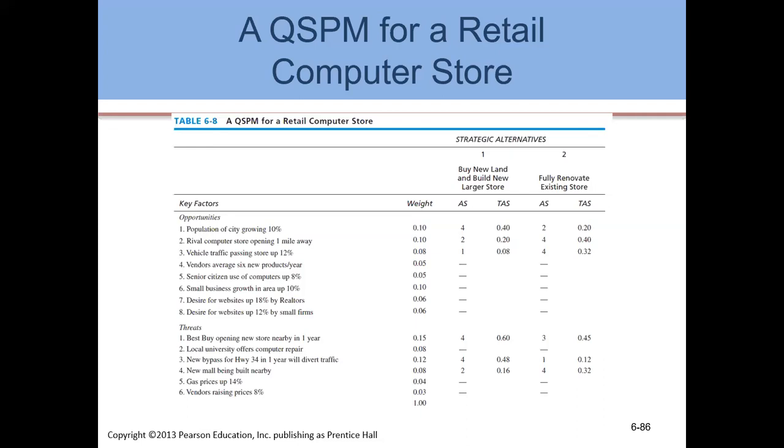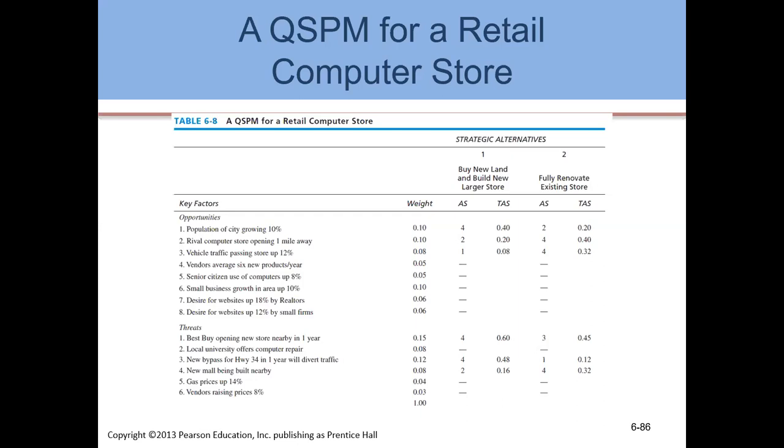For example, look at the first opportunity: population of city growing 10%. The weight given to this factor was 0.10. For buy new land and build new larger store, the attractiveness was 4, as they have planned that this is the best option they can avail. This is highly attractive.